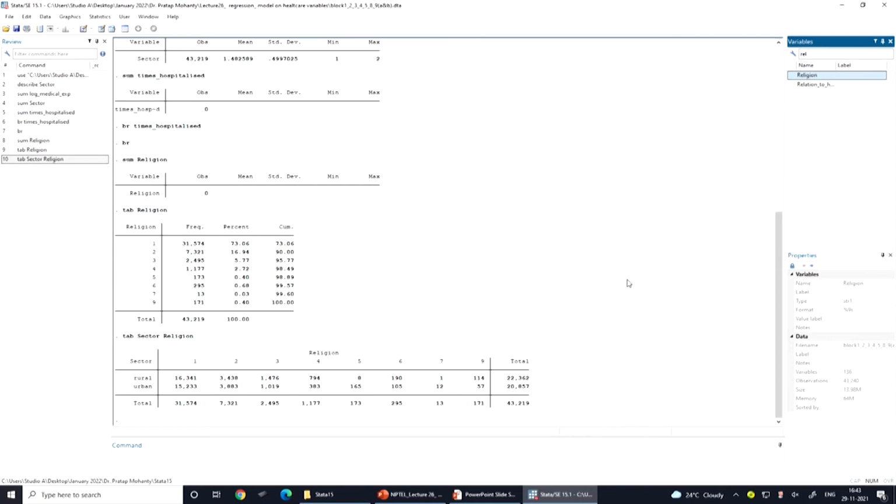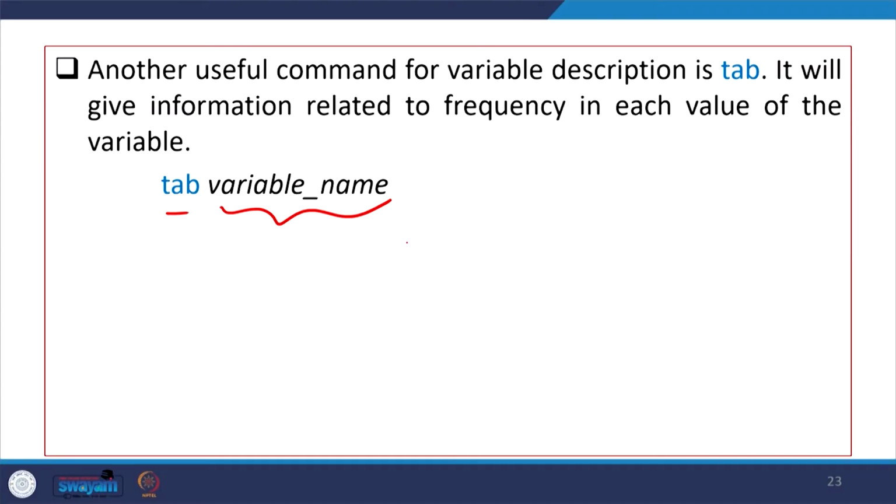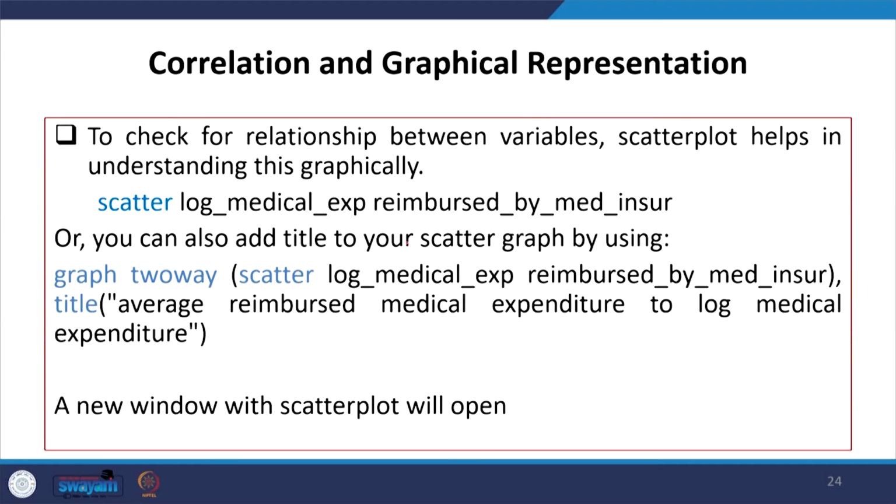Now, there are further sophisticated commands possible, and I have explained them all in detail in the review of commands section in my previous module as well. You can just follow and find it out. We will add something new in this module: some graphical representation and correlation. In order to understand the correlation, or to check the relationship between variables, a scatter plot helps in understanding this graphically.